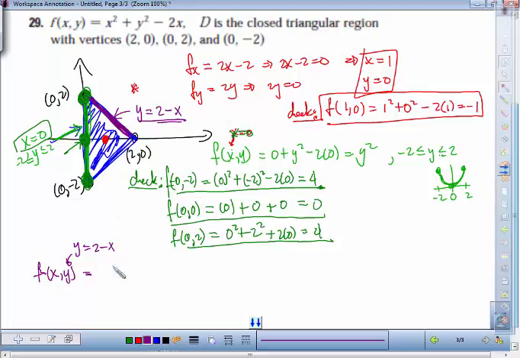All right, so we have x is equal to x, y is equal to 2 minus x, and then our equation looks like this. I think we need to FOIL something out. We get x squared plus, FOIL it out, 4 minus 4x plus x squared.